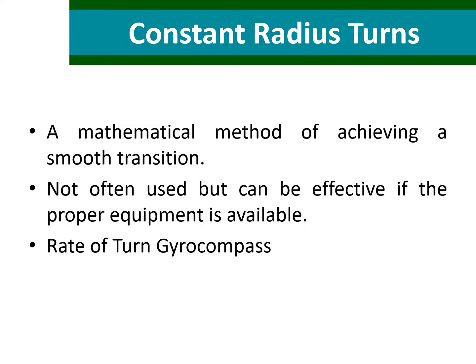For that, a constant radius turn is a pretty effective method of allowing that smooth transition. It is not used quite often, but it is quite effective if the proper equipment is made available, and often it uses the information obtained from the rate of turn equipment, which sometimes forms part of the gyro compasses.